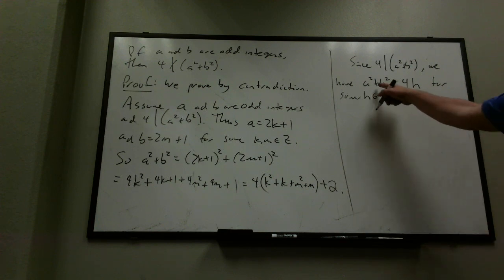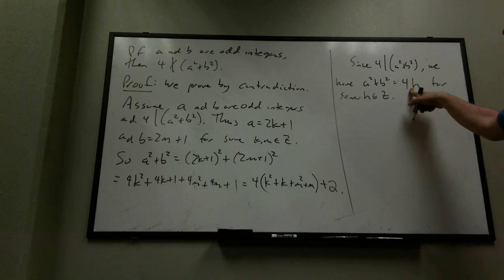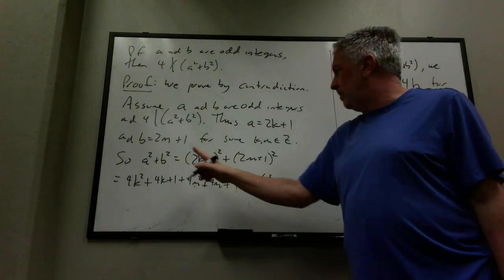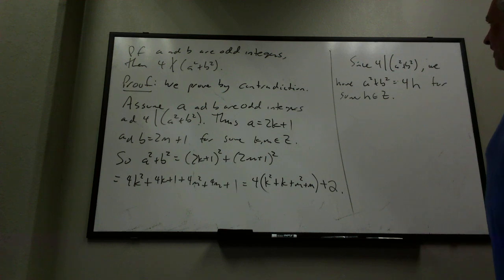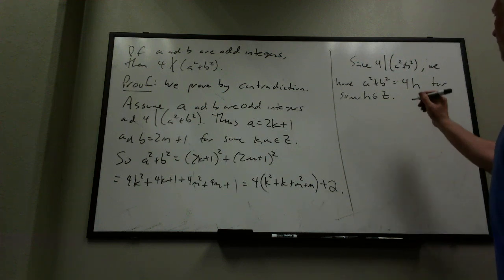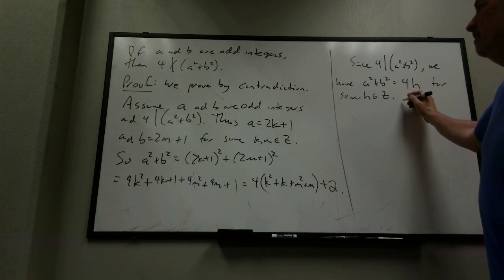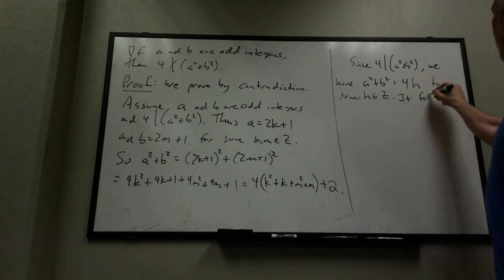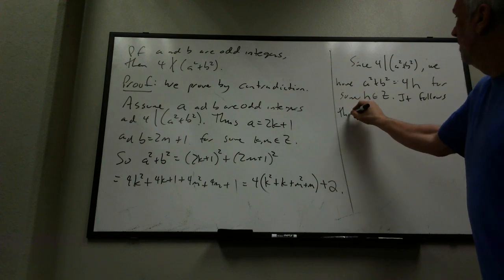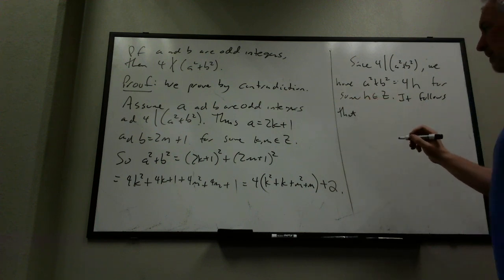Notice I have a squared plus b squared is 4h. Here I have a squared plus b squared is 4 times that. So both of these are a squared plus b squared. So it follows that, I'm just going to piece this all together for the reader.